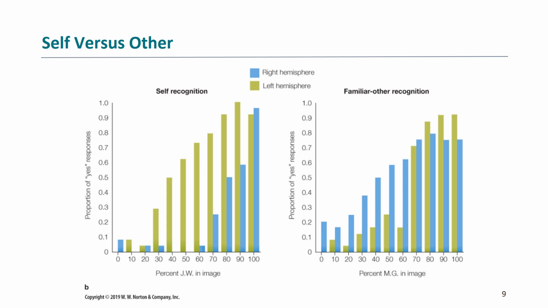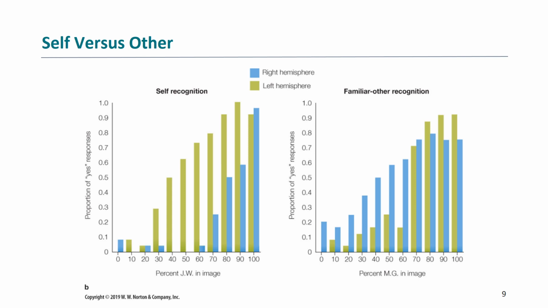The left hemisphere is better at recognizing the self, and the right hemisphere is better at recognizing familiar others. Here is the proportion of yes responses to the recognition judgment, plotted on the y-axis as a function of the percentage of the individual contained in the image and the cerebral hemisphere to which the image was presented.